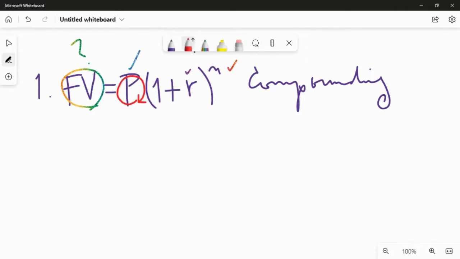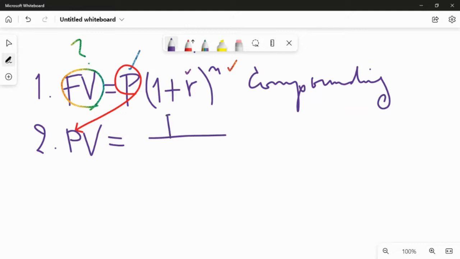If we solve this equation for P, if P is the unknown, it's the reverse process of compounding: FV over (1 plus R) raised to N. When you solve it for the present value, the principal, that's called the present value, and this is called discounting.